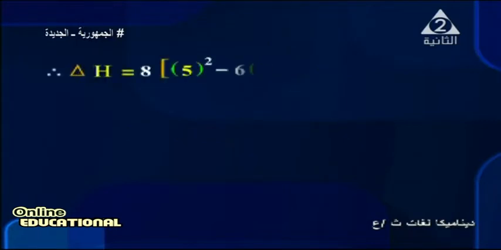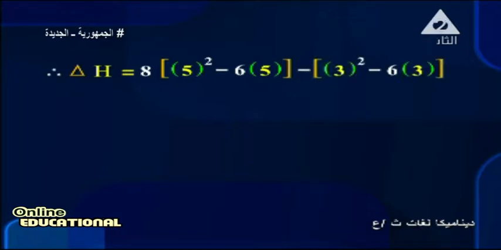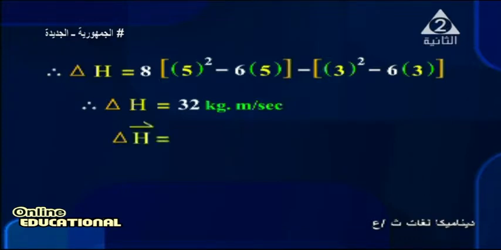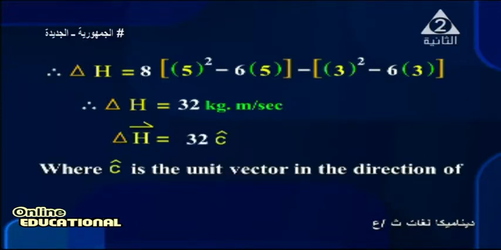Then delta H equals 8 times (5² minus 6 times 5 minus (3² minus 6 times 3)). Then delta H equals 32 kilogram meter per second, and the vector of change in momentum delta H equals 32 c, where c is the unit vector in the direction of the motion of the body.